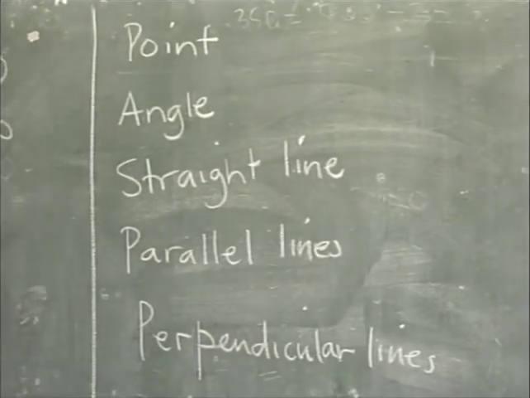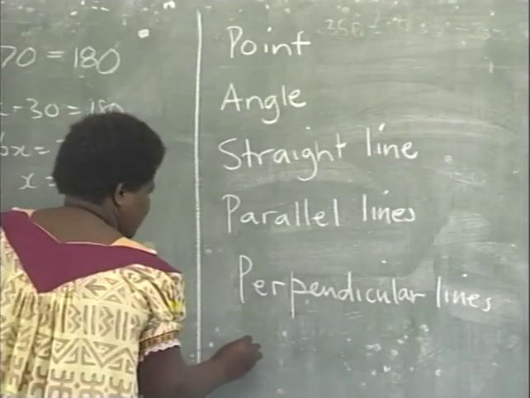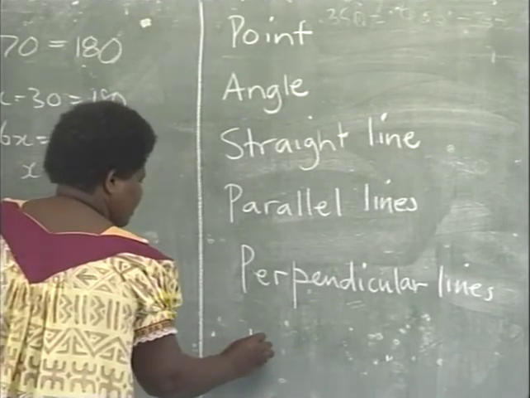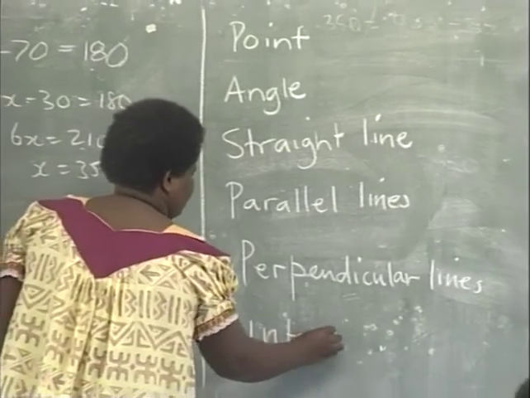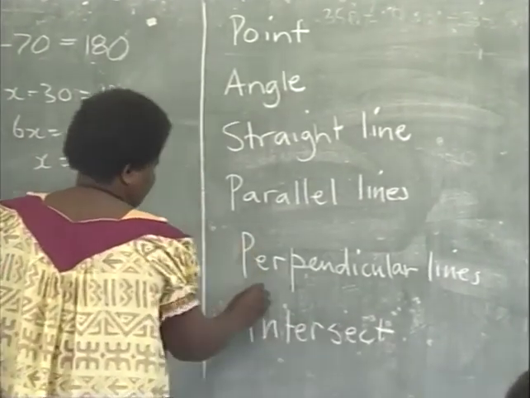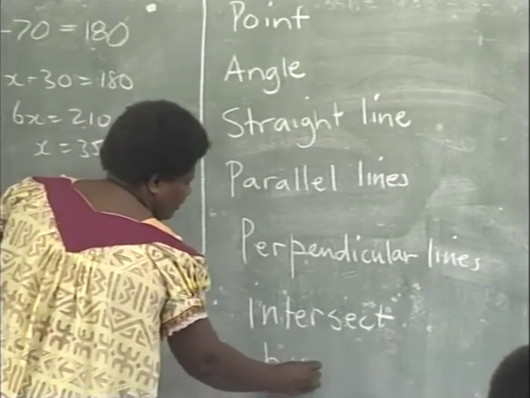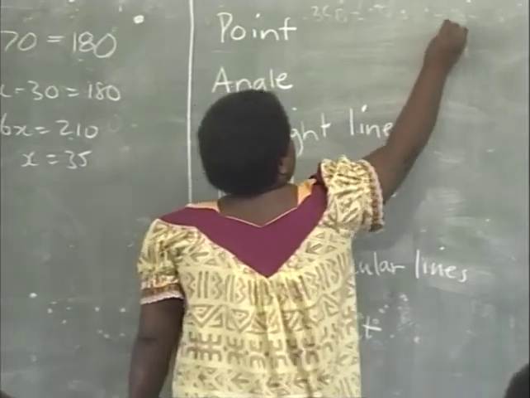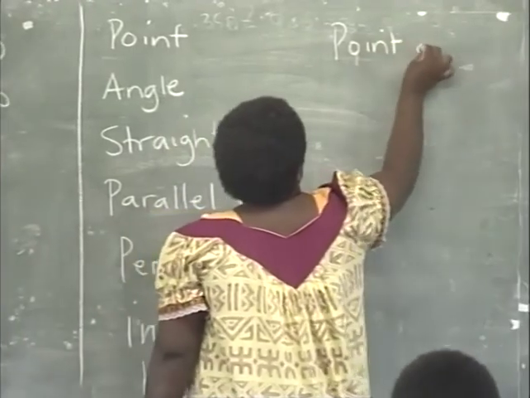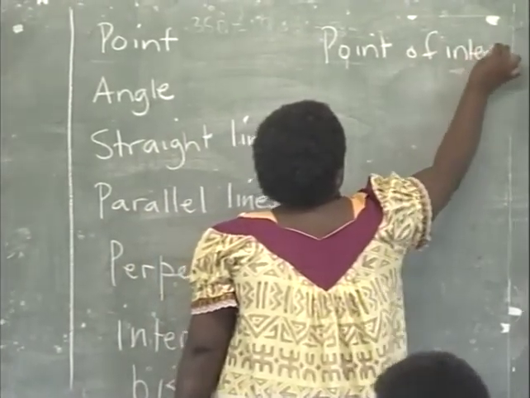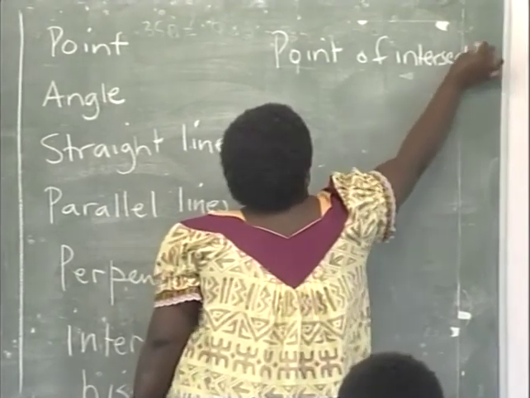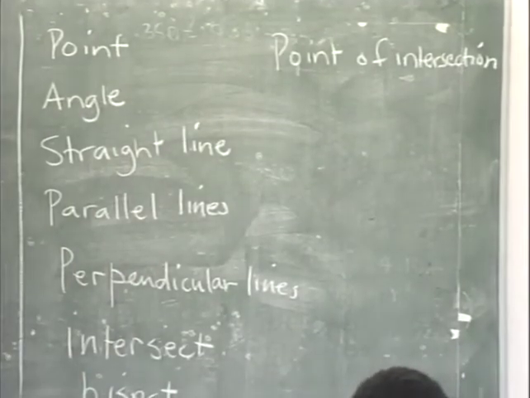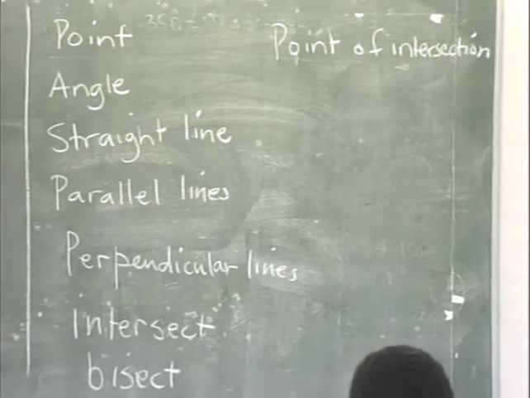What are perpendicular lines? What else?